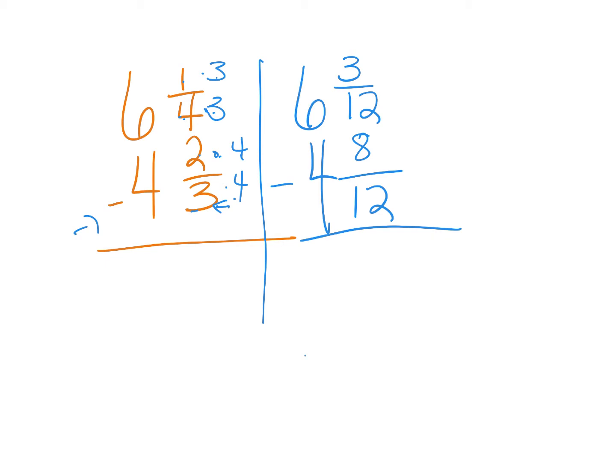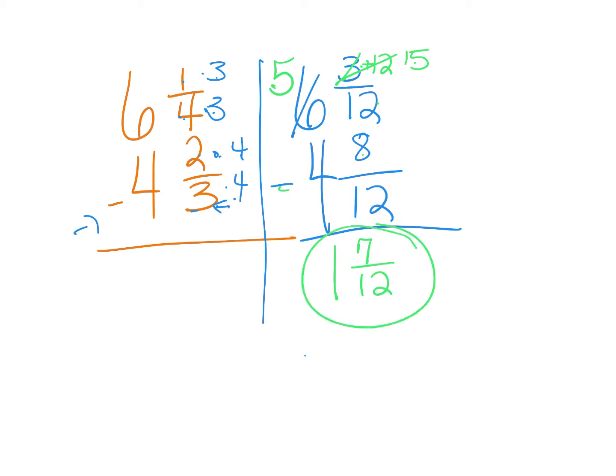All right, so here's what you do. It's the same thing as subtracting. When you don't have enough, you have to borrow. So I'm going to borrow from this 6, and it's going to become a 5. When I do that, I'm simply going to add the denominator to the numerator, and I get 15, and then you subtract. 5 minus 4 is 1. 15 minus 8 is 7, and my denominator is the same, and it is in lowest terms, okay?